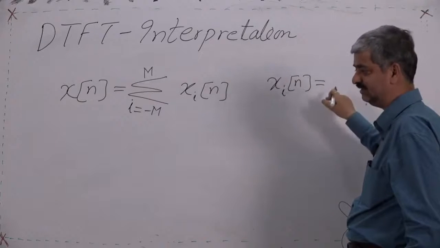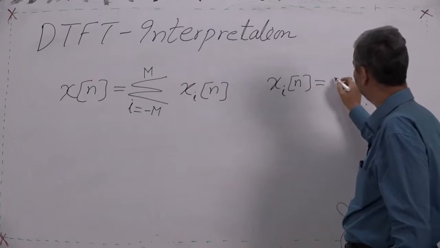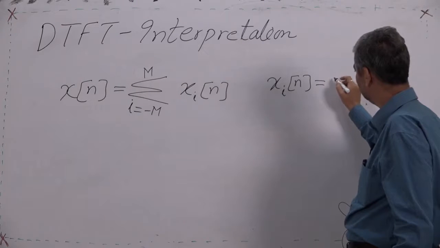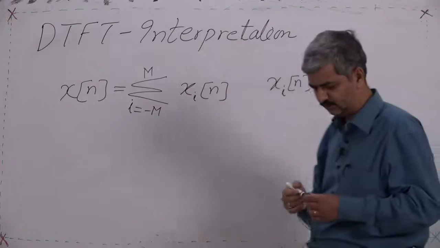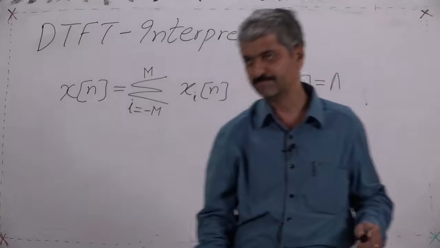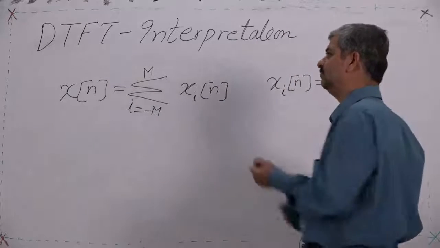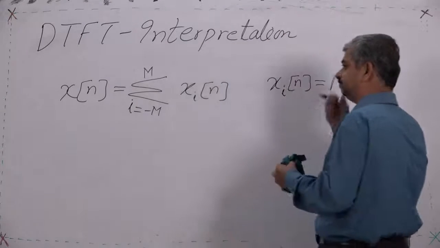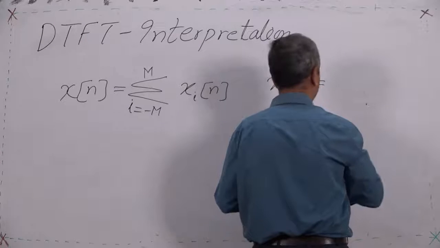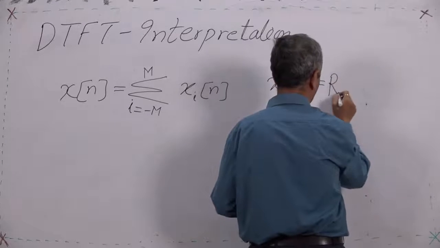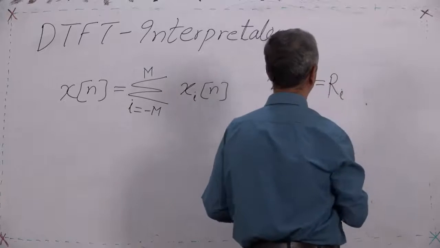The radius will be different. So for the radius I will use specifically r, and I will tell you why it is r_i.